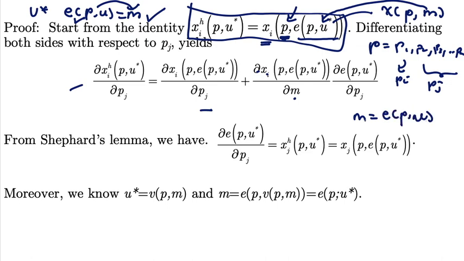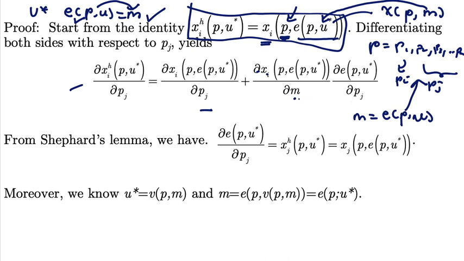Okay. In M here, because M equals E as a function of prices and U, and we know that P here is this. And we know that we are differentiating the whole thing with respect to Pj. Therefore, we need to differentiate M here with respect to Pj. Why?